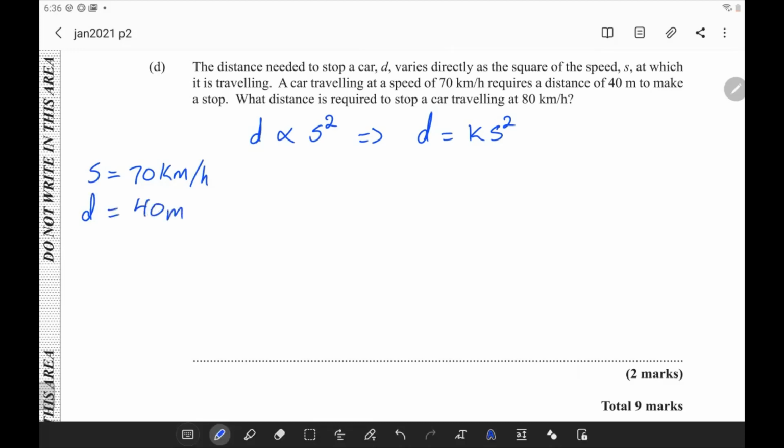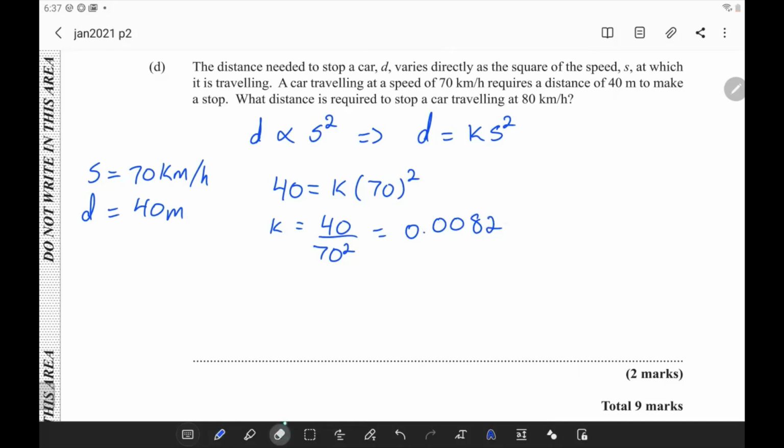So we have 40 is equal to k times 70 squared. So k is equal to 40 divided by 70 squared, which is approximately 0.0082.